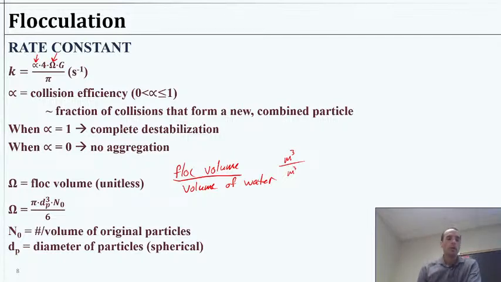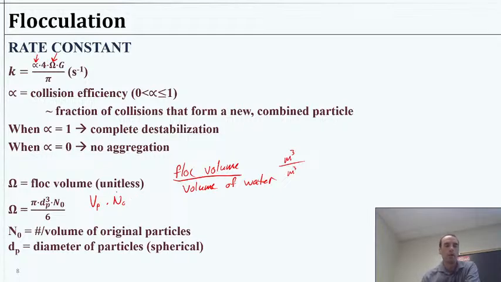Okay, and dp here would be the diameter of the initial particle. So this is literally the volume of a particle times the number of the particles. And the number will be, so this is a number concentration, right?